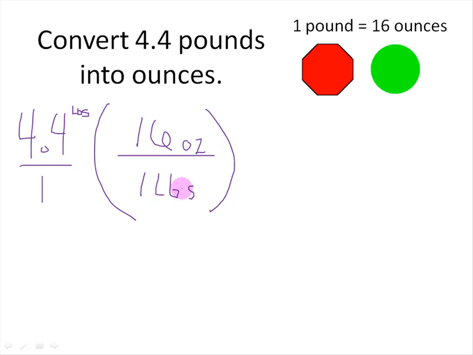This is just the number 1. So now I can cancel my pounds with pounds, and I have the pure number 4.4, and I have the pure number 1, and I have 16 ounces.